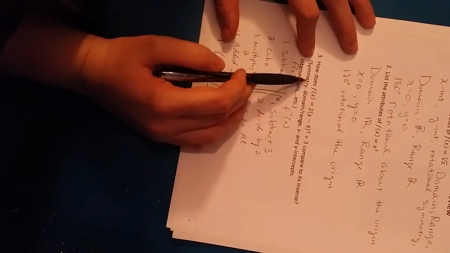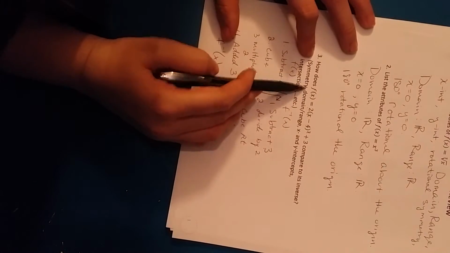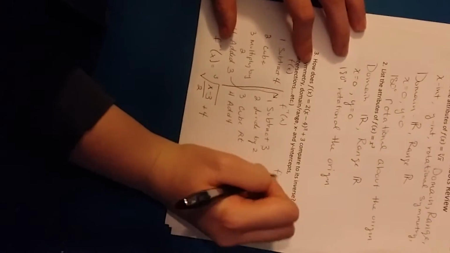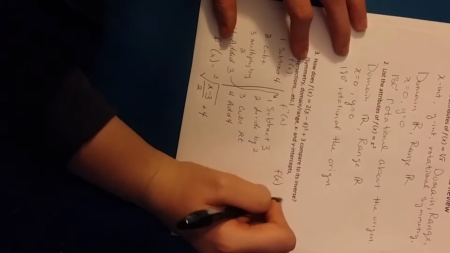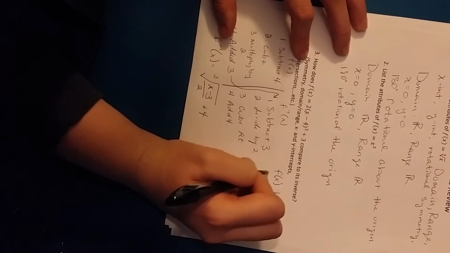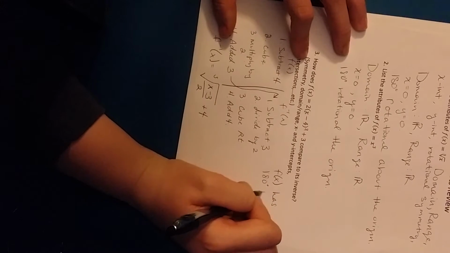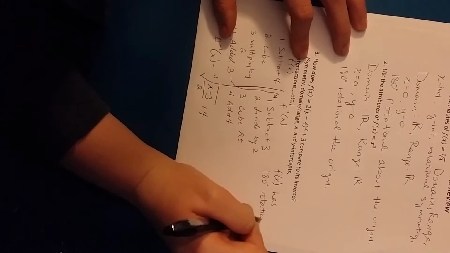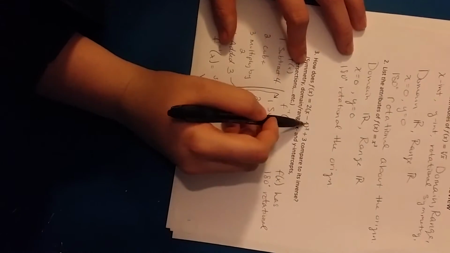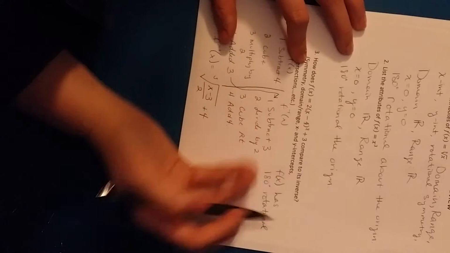So now it's saying compare it to the symmetry. The original function has 180-degree rotational symmetry about the turning point 4, 3.